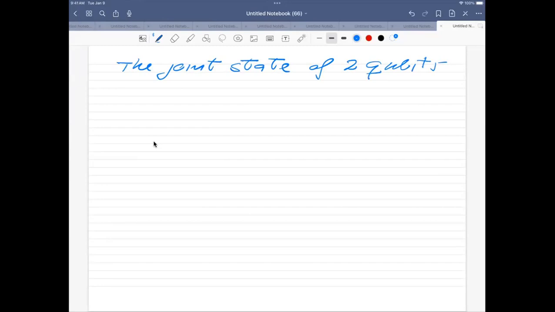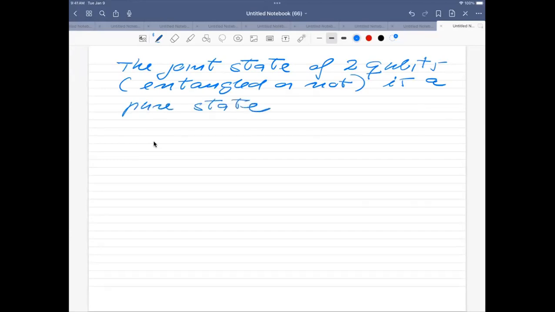is a pure state irrespective of whether it is entangled or not, because we have defined it. So it's a well-defined state. In more everyday words, it is known exactly.